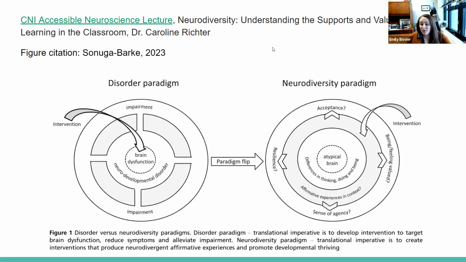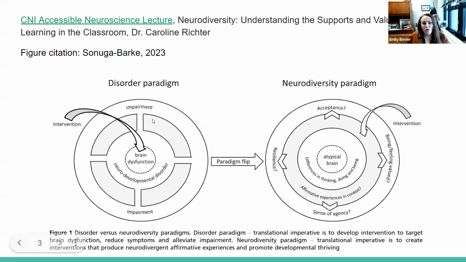One thing that stood out to me is how we characterize neurodiversity and how we're trying to break free from certain models. There are various models of disability, right? There's a medical model of disability, and there's a social model of disability. A medical model tends to fall in line with the first half of this figure, which looks at something like autism or ADHD as a disorder.